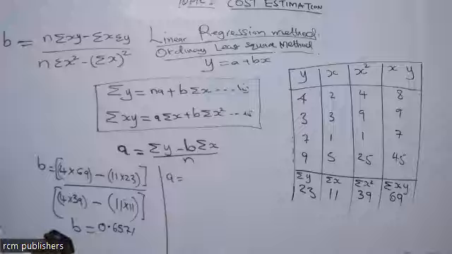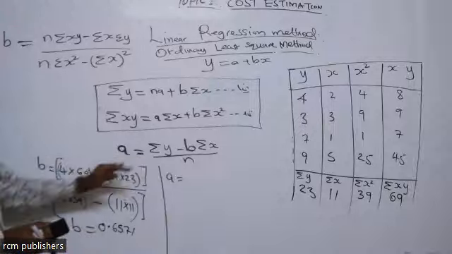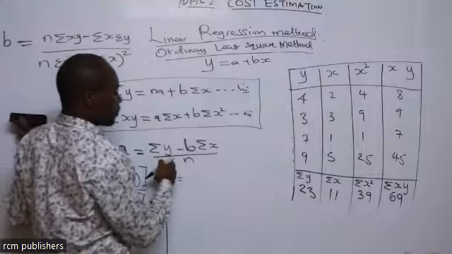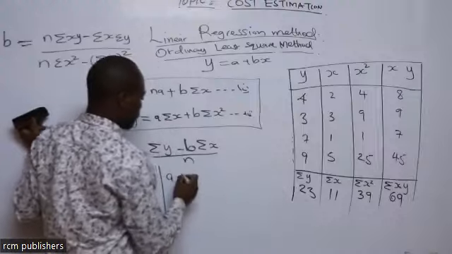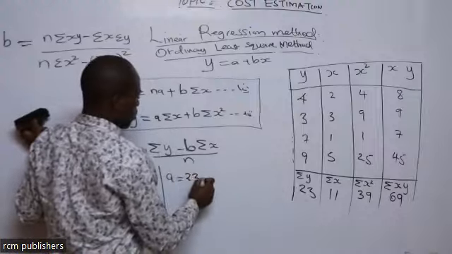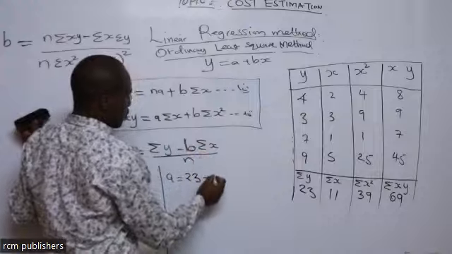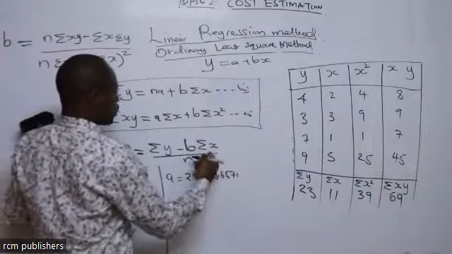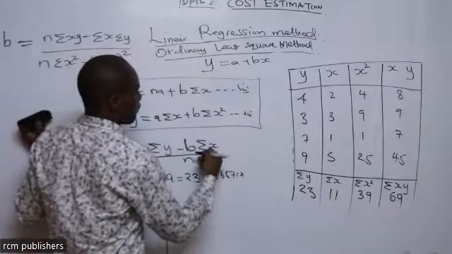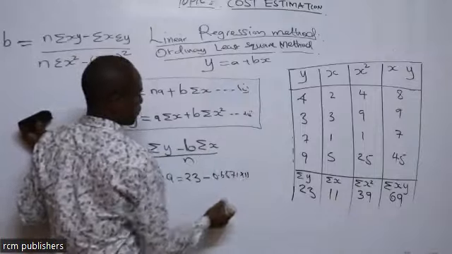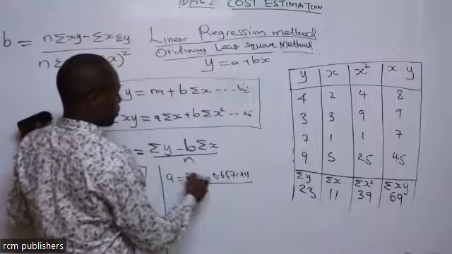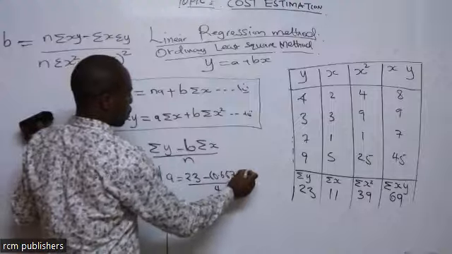Going forward, if you calculate the value of B, use 4 decimal places to help you have an accurate value for A. So our A will be summation of Y, 23, minus B, 0.6571, multiplied by summation of X, which is 11. Then we divide by N, which is 4. That's all.